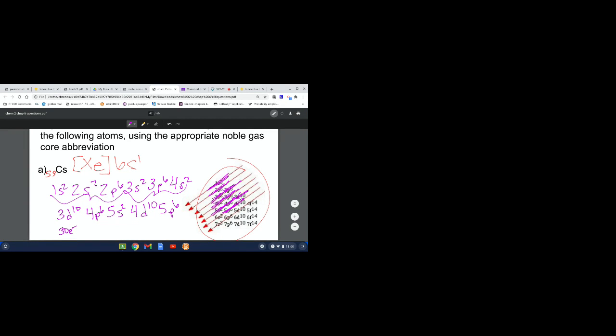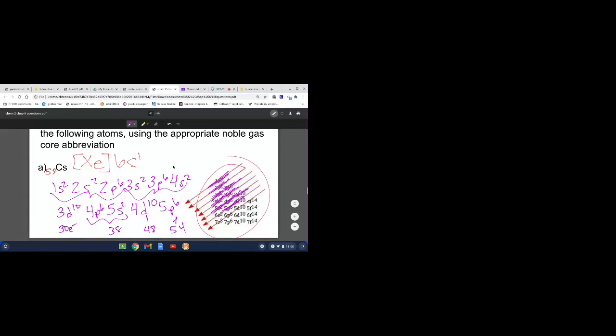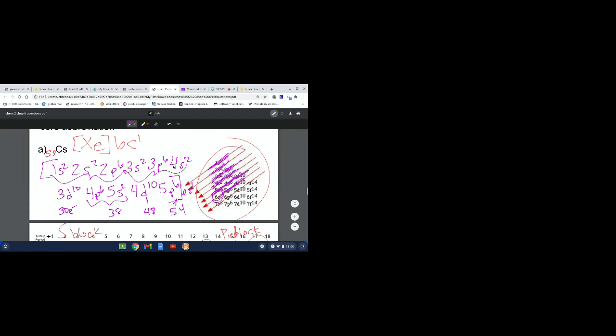Let's see where we are at this point. So that's 36 and 38. With those 10, it'd be 48. And then with this 6, it'd be 54, which means we only need one more electron, which gives us 6s1. Now, all of this is in xenon. That's the relationship between the abbreviated and the regular.